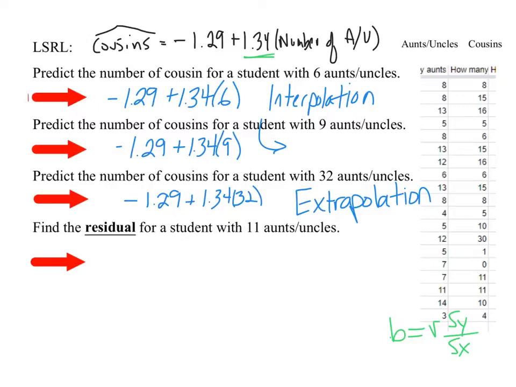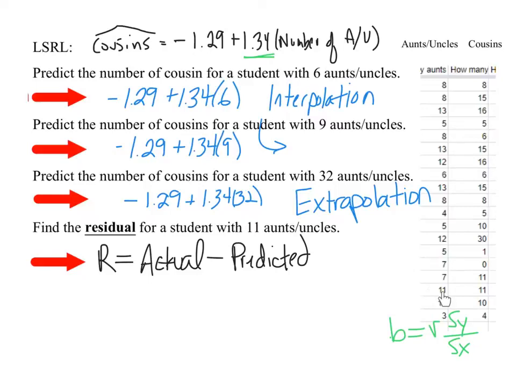Finally, find the residual. Residual is defined as, I'm going to put R, the actual data point, minus the predicted point from the line. I always remember this because it's AP statistics, so it's A minus P. So I go up to 11 aunts and uncles. Let's find that. So here it is, 11 aunts and uncles has 11 cousins. So we say, all right, 11 minus the predicted amount.